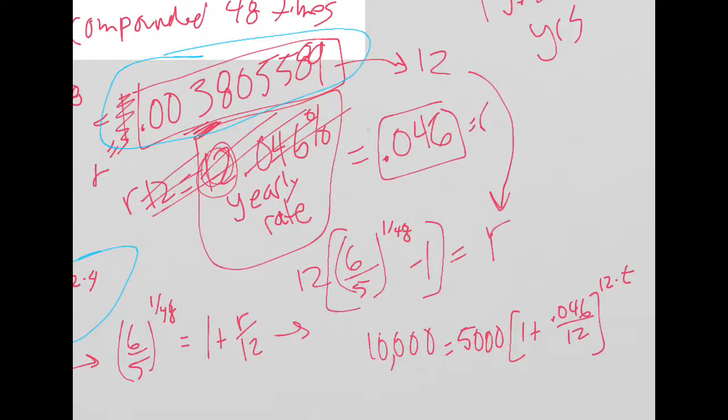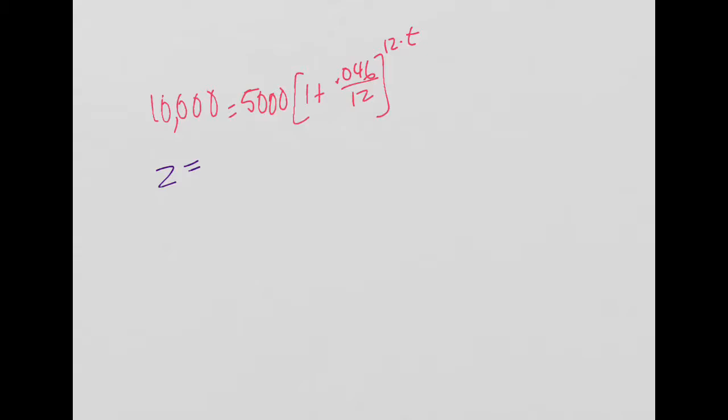But now that I'm here, I kind of want to solve this expression right here that we found by hand, just to verify the work that we did. So I want to get that exponential bit by itself, so I'm going to get 10,000 divided by 5,000 is 2 equals 1 plus 0.046, that rate divided by 12, all that raised to the 12t.